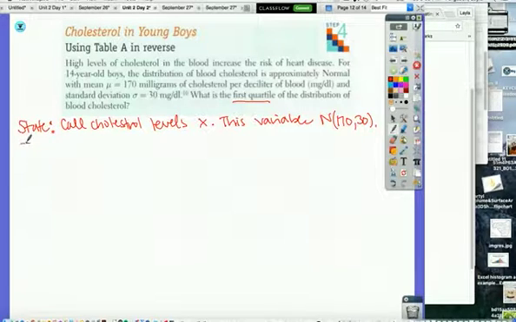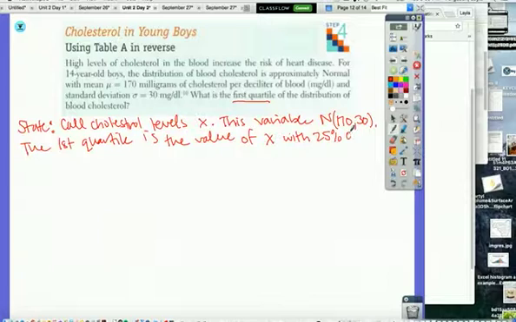So we would say that the first quartile is the value of X with 25% of the distribution to the left.